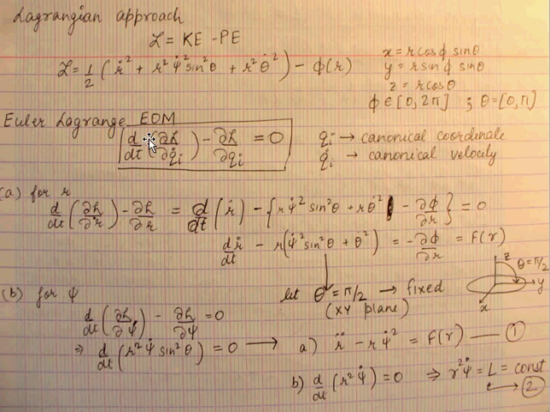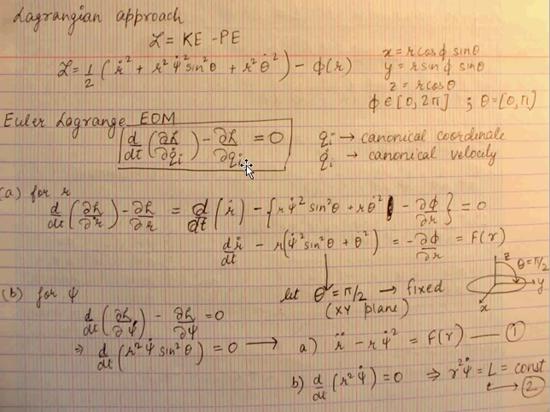Now we know the Euler-Lagrange equation of motion, which is the total time derivative of the partial derivative of the Lagrangian with respect to the canonical velocity q dot, minus the partial derivative of the Lagrangian with respect to the canonical coordinate, right? So i over here corresponds to the particular coordinate that we are dealing with.